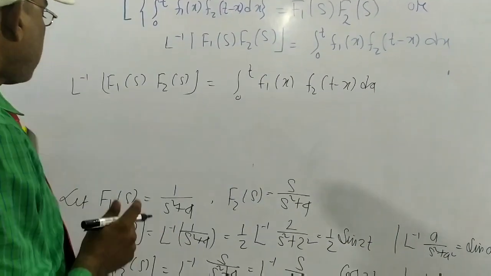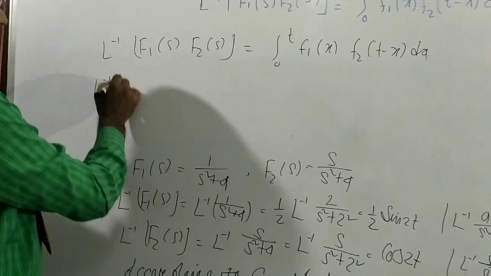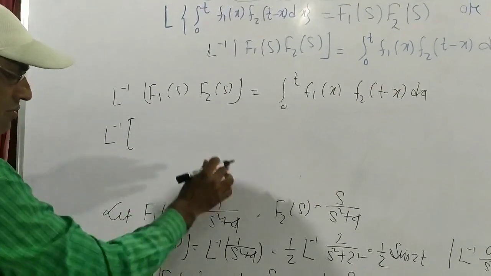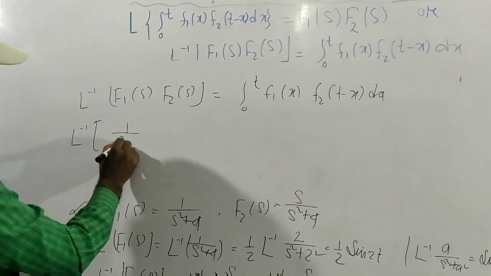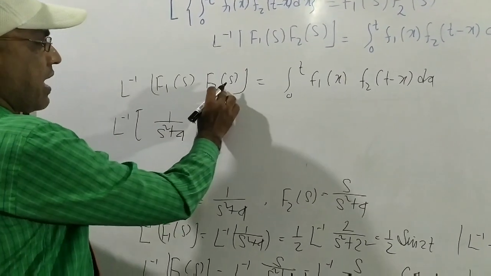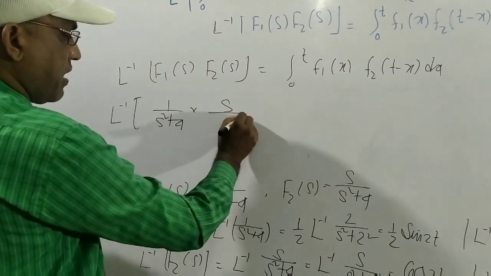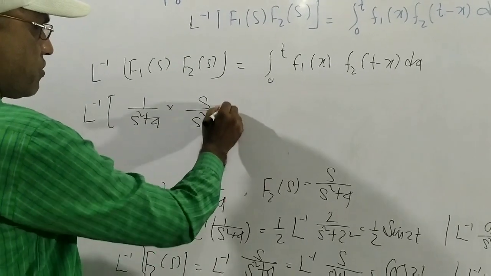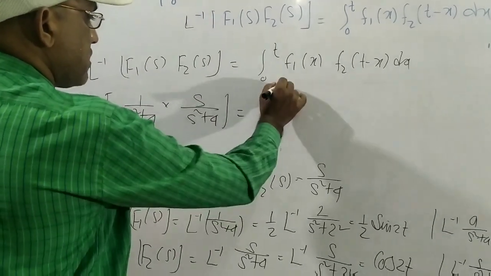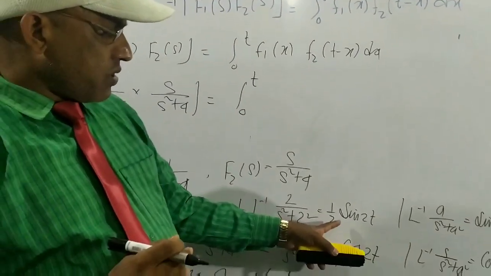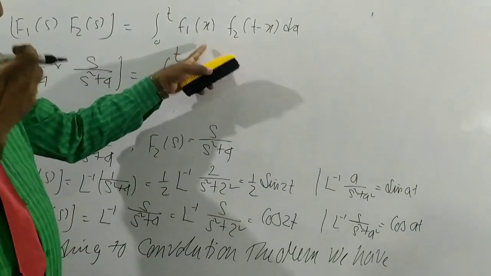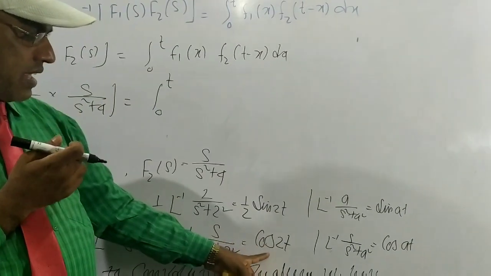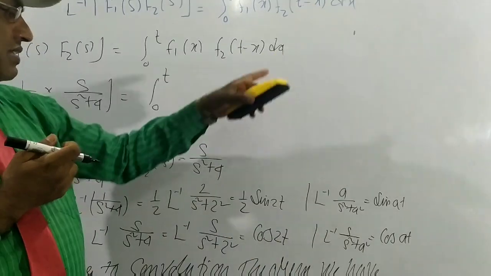Now L inverse of F1(s), meaning 1 by s square plus 4, and F2(s), s by s square plus 4. Integration 0 to t. The first one we consider f1(x) and the second one f2(t minus x).